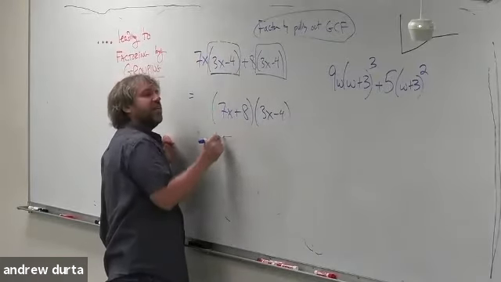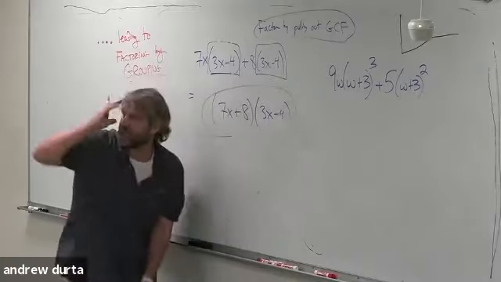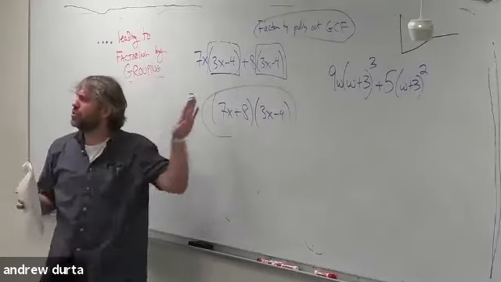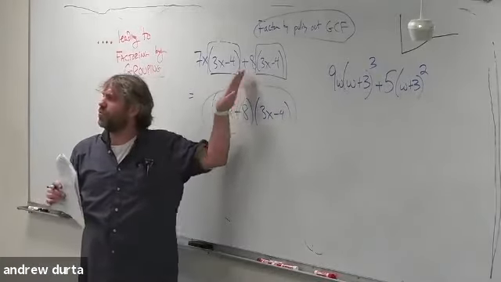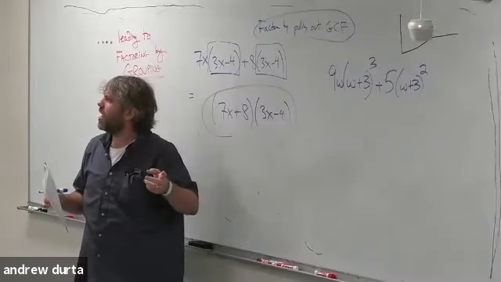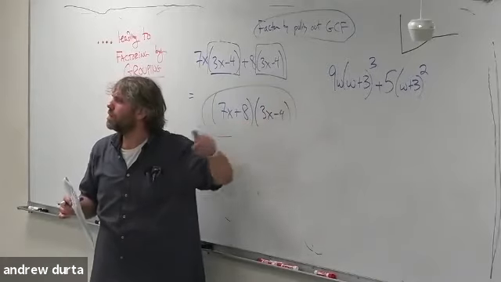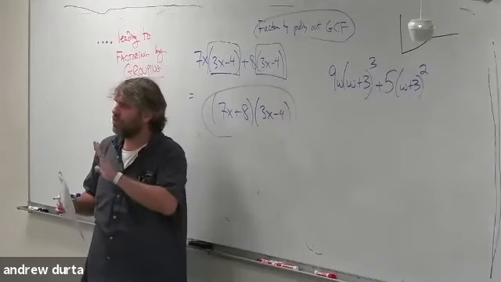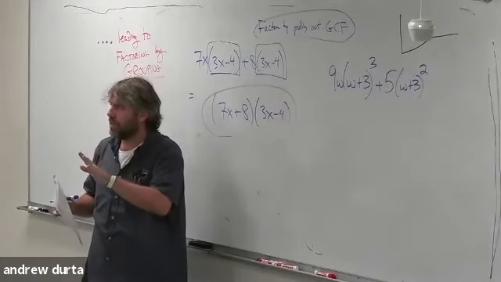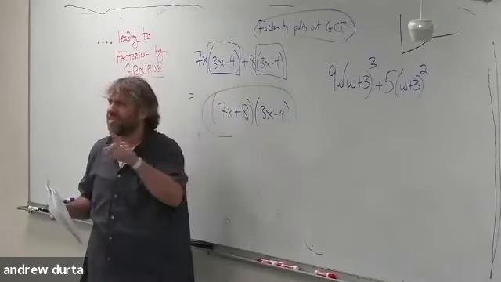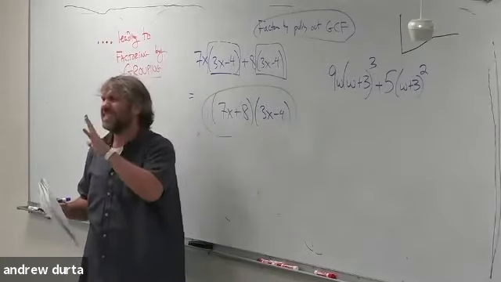Now, for reasons that I've never really understood philosophically, students very often with this particular problem want to say, hey, shouldn't I pull out (3x minus 4) squared? The answer is absolutely not. And then they say, well, wait a minute, but there's two of them. And then you say, well, not really.